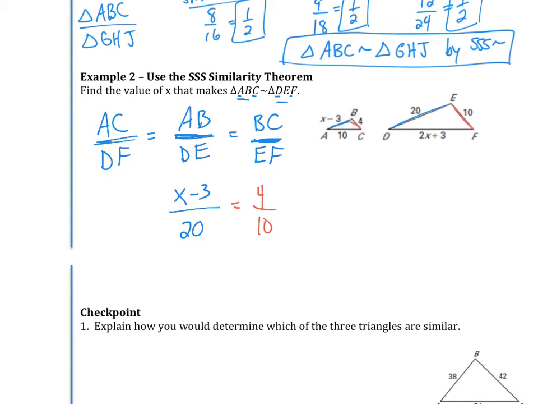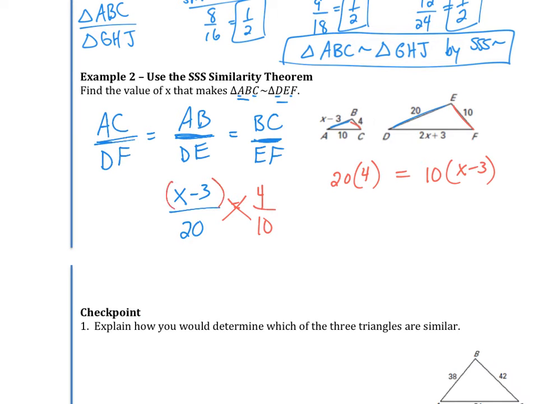So we would do x minus 3 over 20 equals 4 over 10. All we really need is 2 of the fractions. We don't need all 3. We have enough now to solve for x, because we can cross multiply. 20 times 4 is equal to 10 times x minus 3.